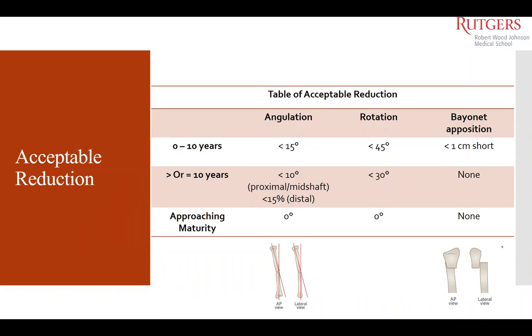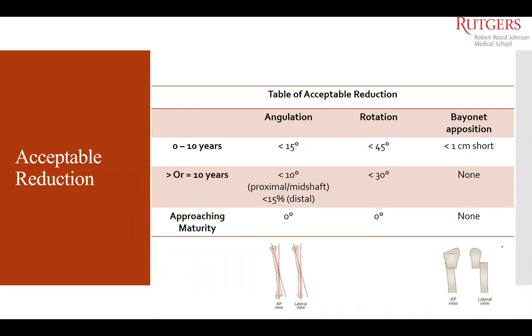As you age, again, that remodeling potential diminishes. For the proximal and mid shaft, we accept less than 10 degrees of angulation, and distal is less than 15 degrees. That's mostly because your distal radial and ulnar growth plates are responsible for 75 to 80% of your longitudinal growth each year for each part of the bone, which is why distal fractures have high remodeling potential, compared to fractures closer to the elbow.